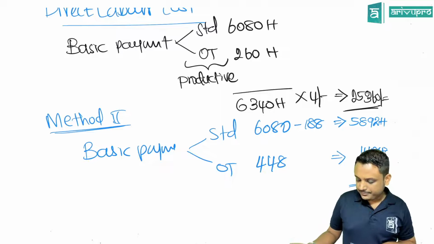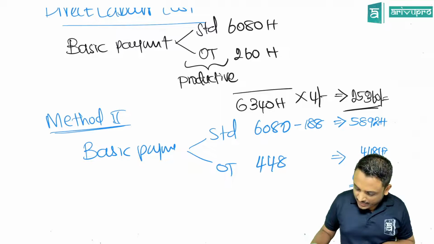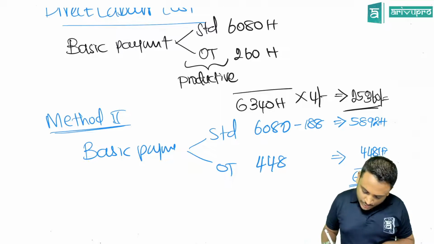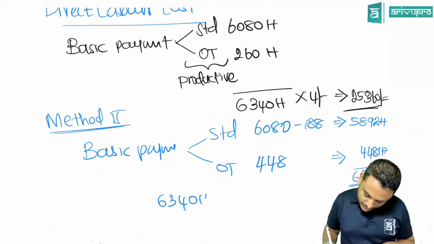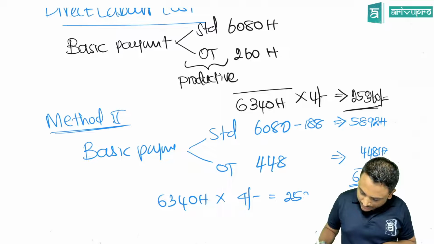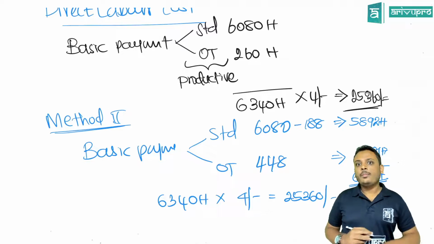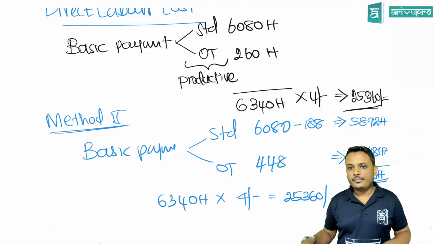Total 6,340 hours. So 6,340 hours multiplied by 4 equals 25,360. Both methods you can use.